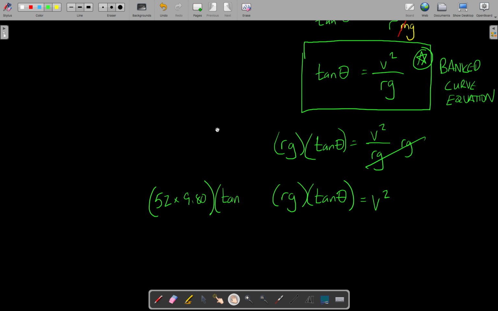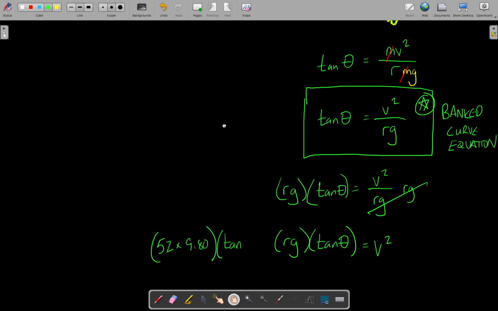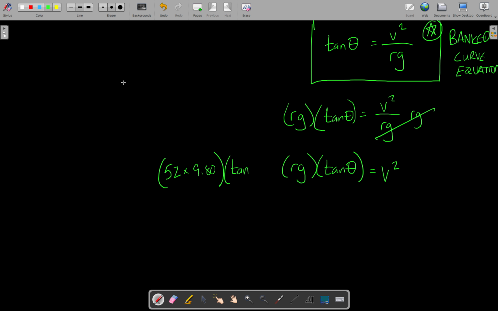And again, our theta is 32 degrees. And then once we're there, we can go ahead and solve it. So velocity squared equals this. So 52 times 9.80 times the tangent of 32.